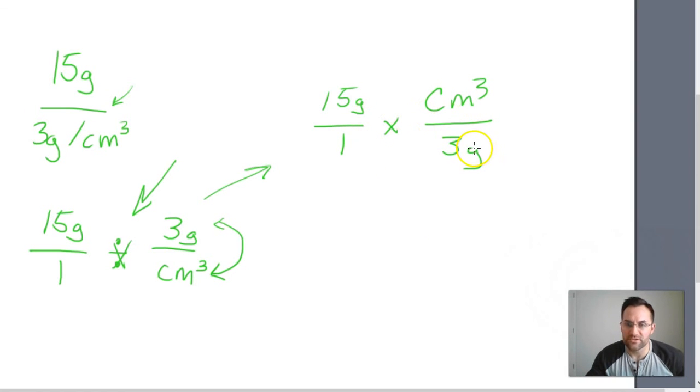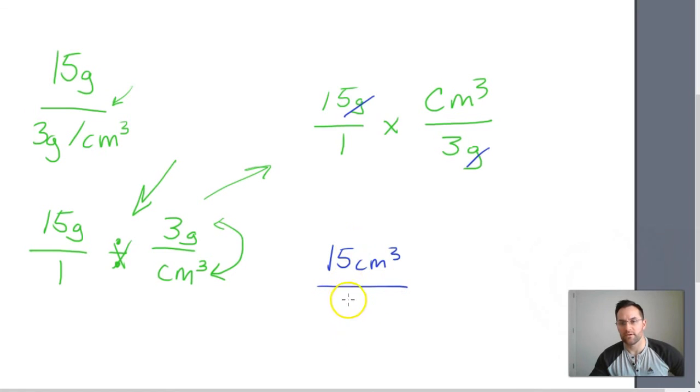Now, we just talked about why cross-canceling works. And right here we see we can cross-cancel. You're going to say we can't cross-cancel 15 with 3. But again, we're looking at the units, not the numbers here. We're cross-canceling this unit. So now we have 15 centimeters cubed. 1 times 3 is 3, so we don't need to worry about that 1, over 3.